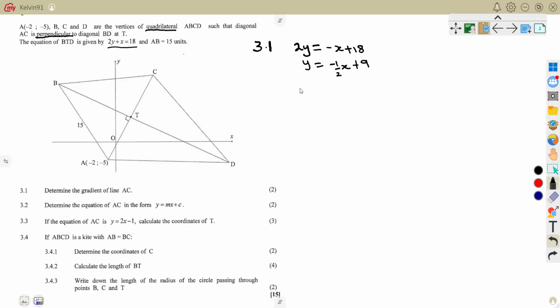So we can therefore conclude that the gradient, denoted by m, of the line BTD, that diagonal BD, is equal to the coefficient of x, which is -half.